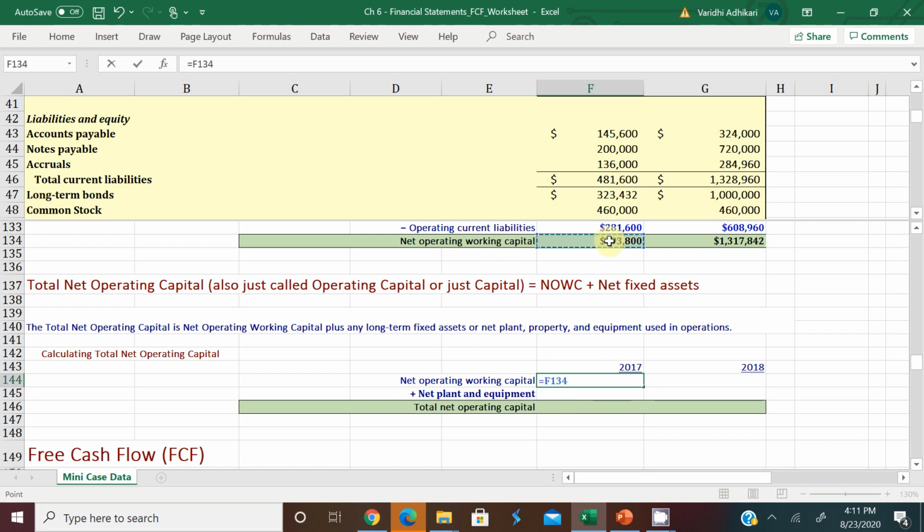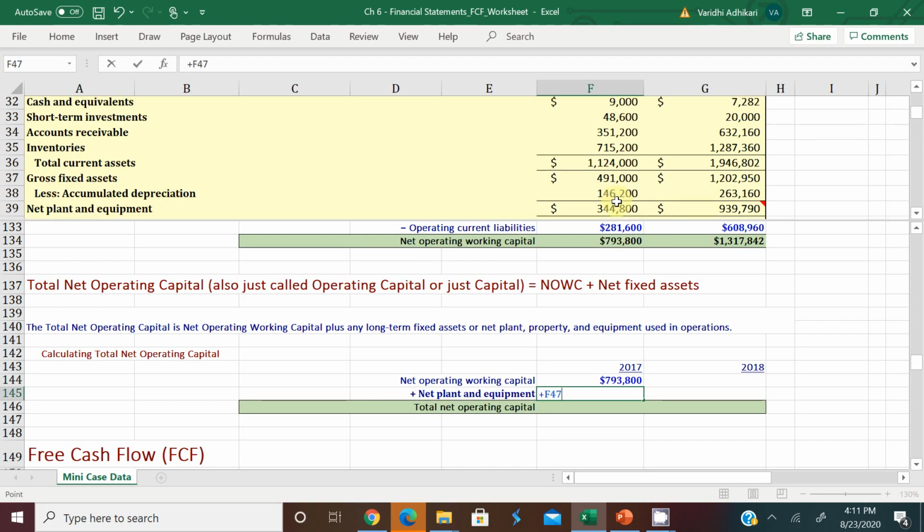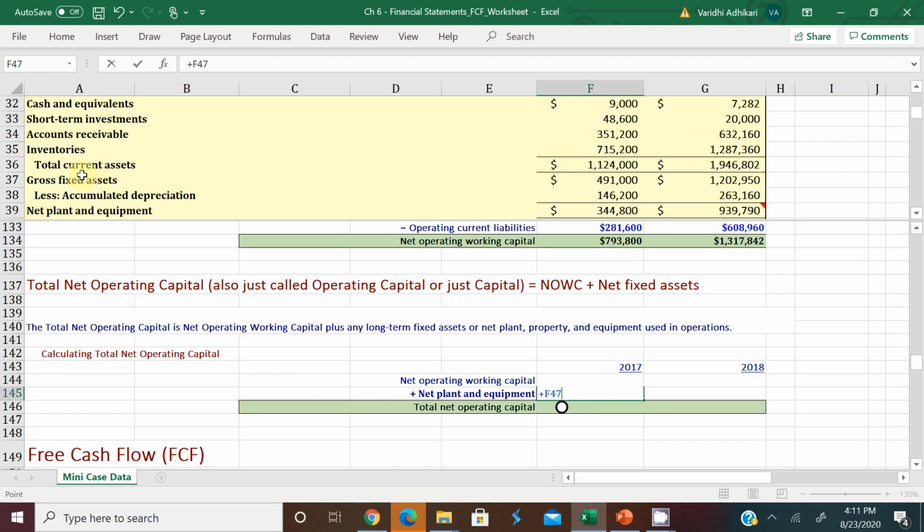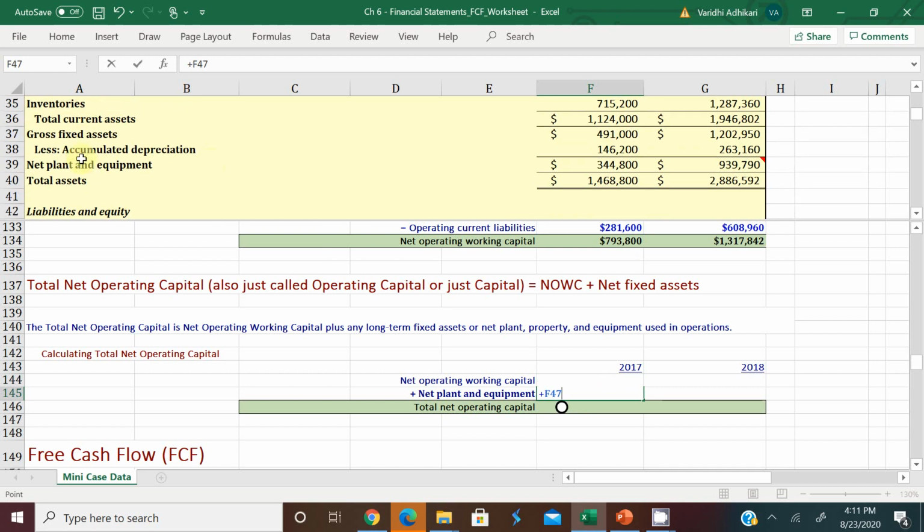So net operating working capital was that plus net plant and equipment for 2017. We can get it from the balance sheet. All right, so which will be gross fixed asset minus cumulative depreciation, net plant and equipment, that much.